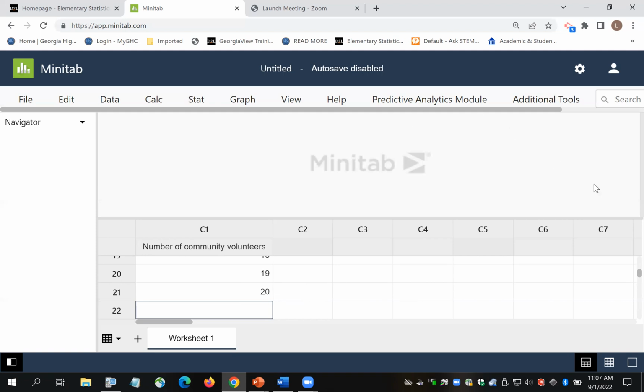So in the column, you enter all of the possible values for X. And in this case, that could be any value from 0 students up to 20. We stop at 20 because that's the total number in our sample.